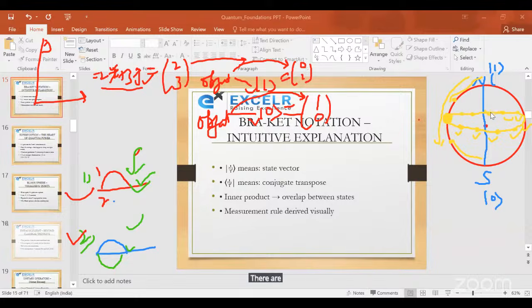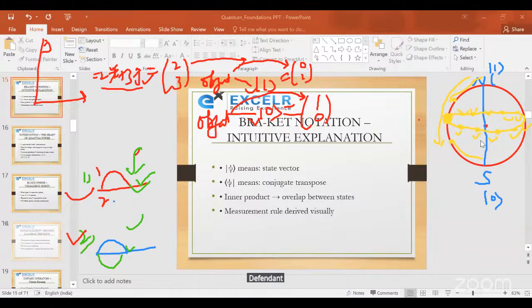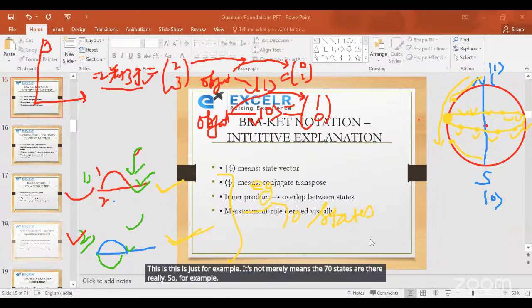There are infinitely many points, and each point will be different in this perspective, maximum and minimum, like that. We talked about 70 different states; this is just an example, it doesn't mean there really are 70 states.